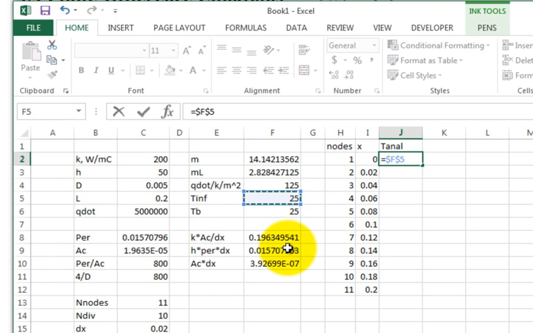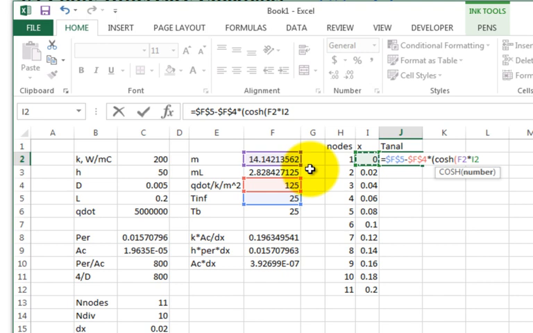Then we're going to subtract Q dot times K divided by M squared, lock that in, times in parentheses, in the numerator, cosh. Don't you like it when they have a built-in function? Cosh of m times x. I forgot to lock that one in, so I'm just going to go over here and hit that, perfect.